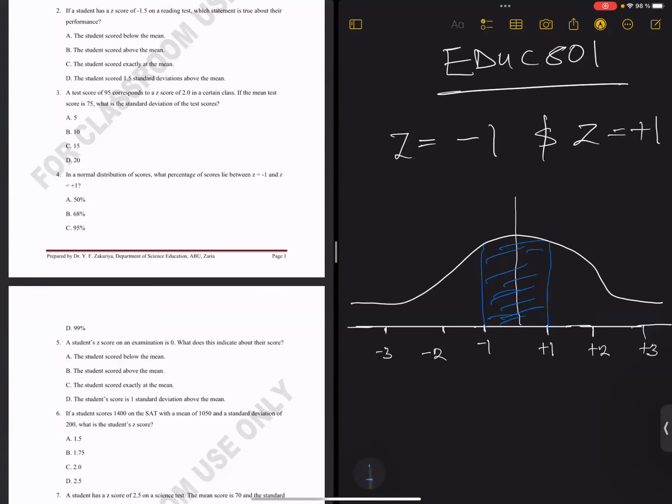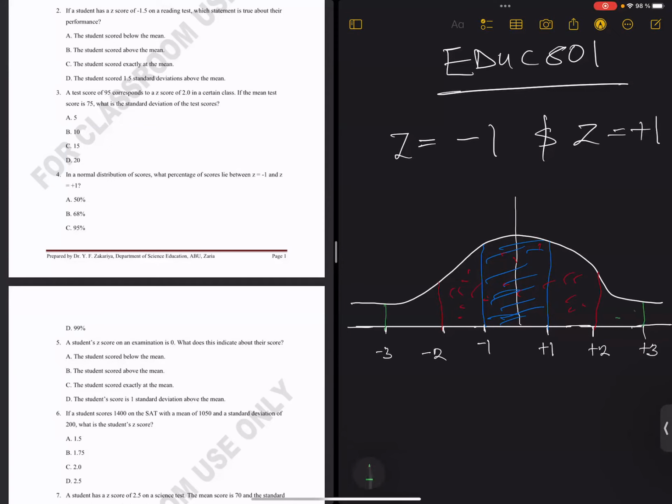In this, there is something we call the empirical rule. Let me also demarcate the area for 2 standard deviations with red. So this is 2 standard deviations. Then let me also demarcate that of 3 standard deviations above the mean.